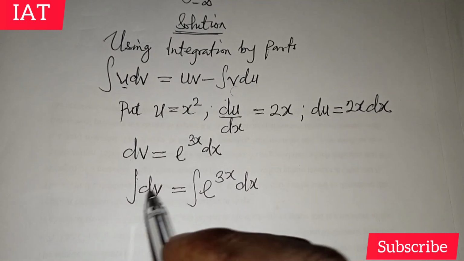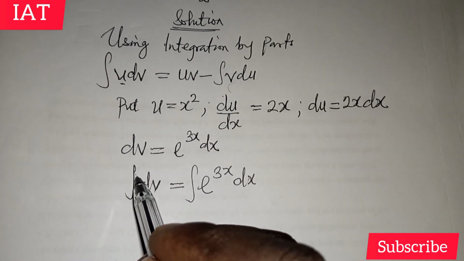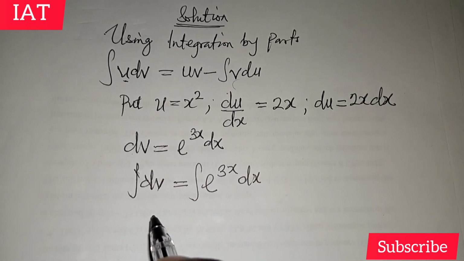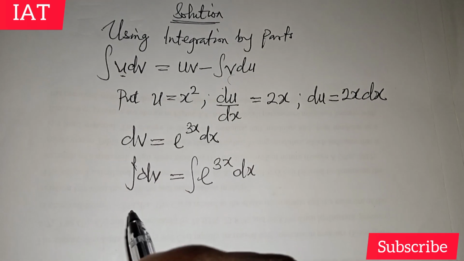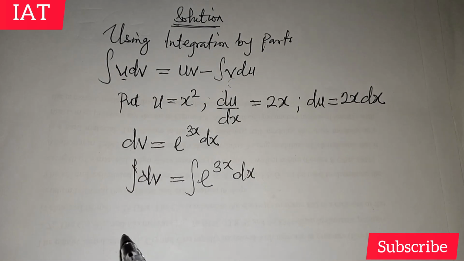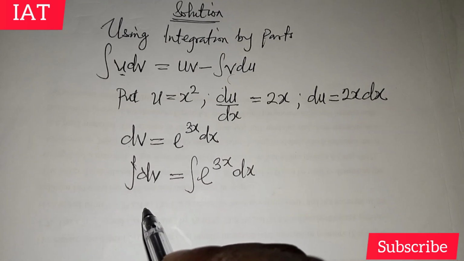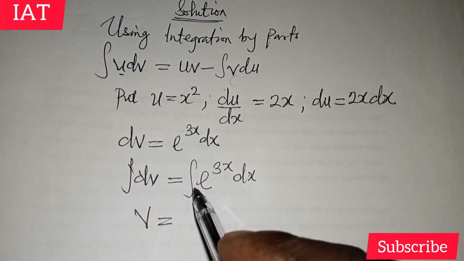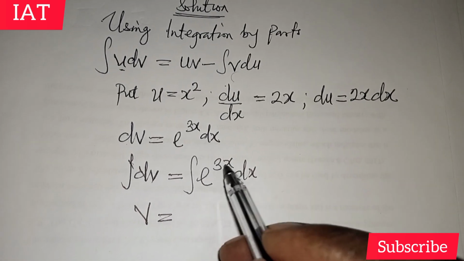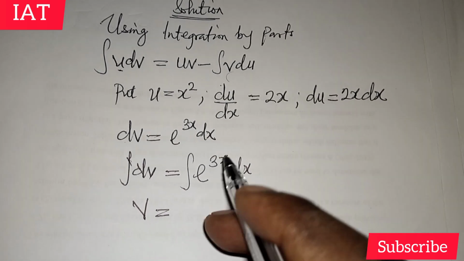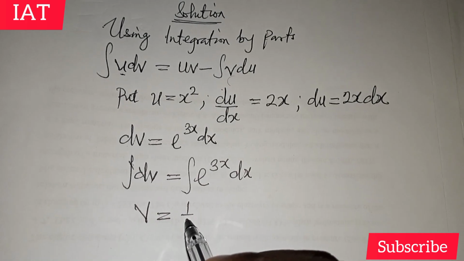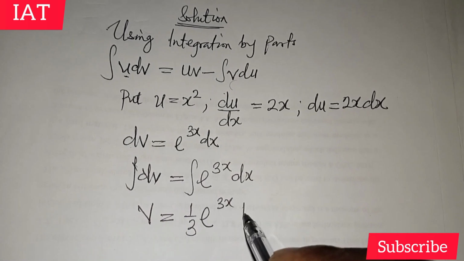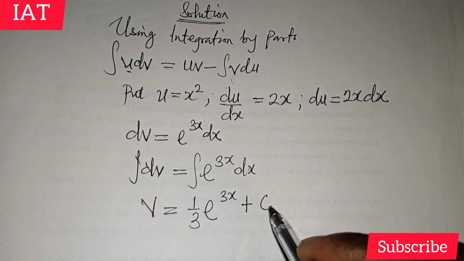So that's the reason why we are introducing integral, so that we can be able to use this integral sign, because when integration meets with differentiation, they cancel out. The same way when logarithm or ln meets with exponential, they cancel out. So we have v remaining equal to, if you integrate this expression using chain rule, make here to be u, then you have 1 over 3 exponential 3x plus constant c.